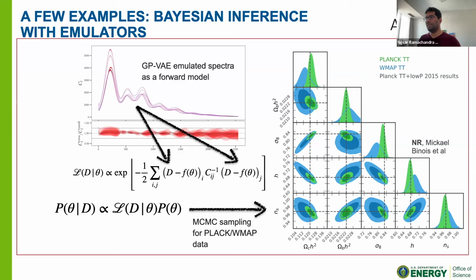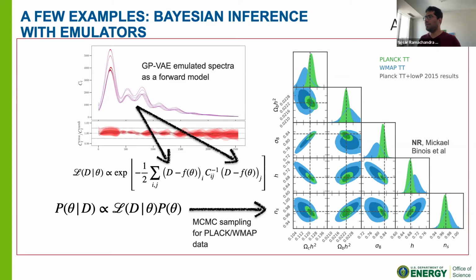And what we did was we essentially replaced the forward model with an emulator that uses a Gaussian process and a variational autoencoder, and that sort of emulates these vectors that you see for different cosmological parameters. And then it can be plugged into a traditional Bayesian inference program.